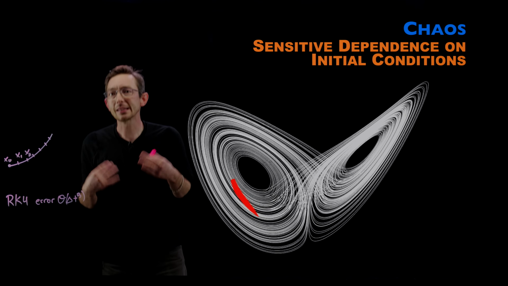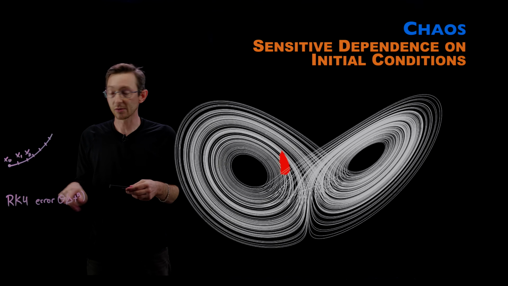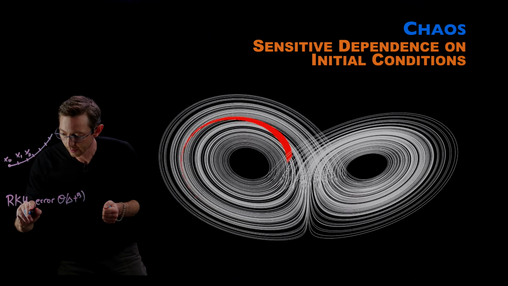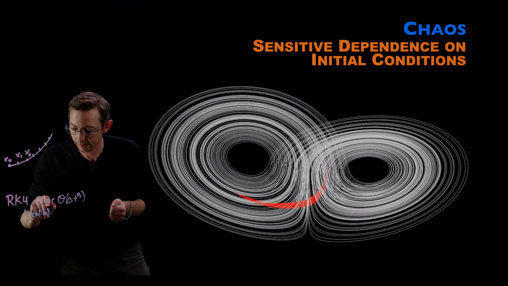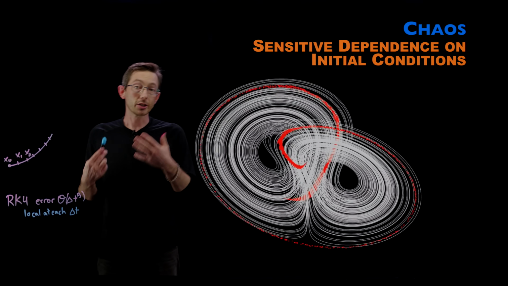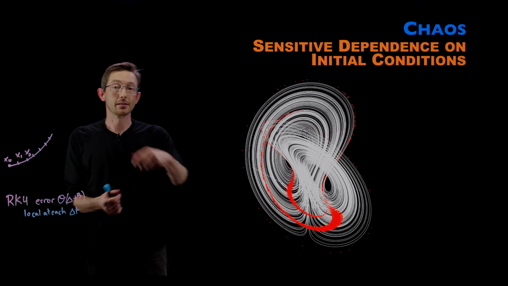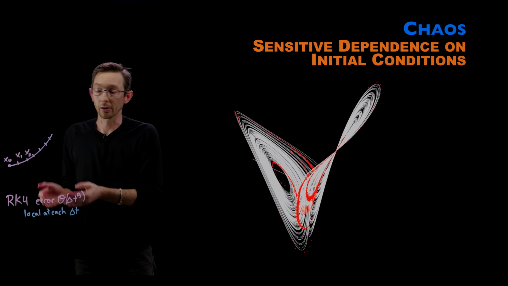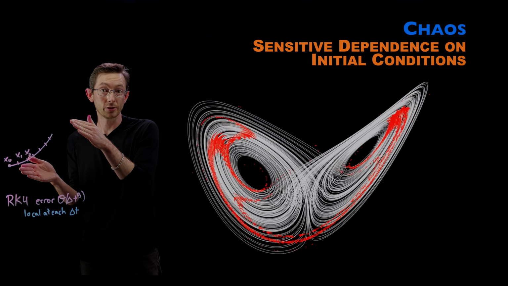Now, this is the so-called local error, local at each delta t. And for a deterministic system, not like this chaotic system, but more like the pendulum system, you can compute from this local error what the global error is across the trajectory.